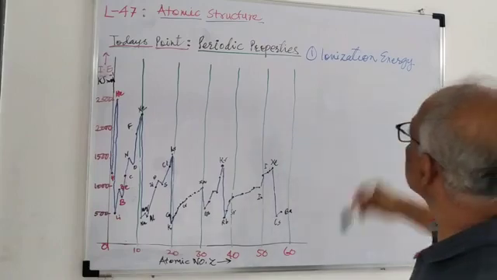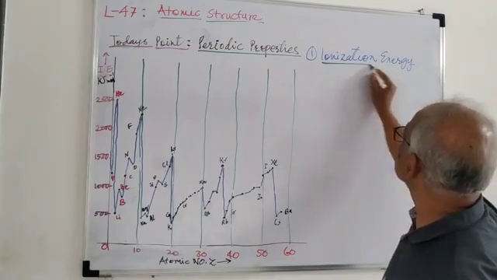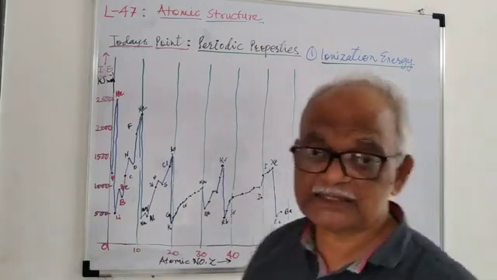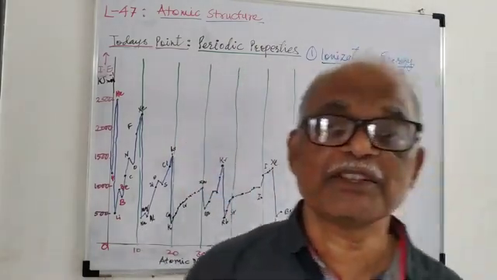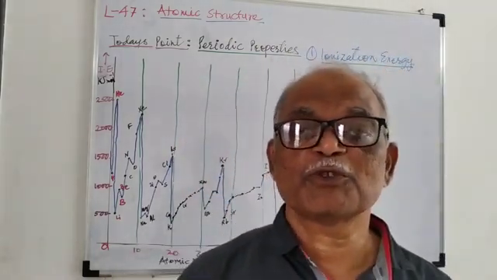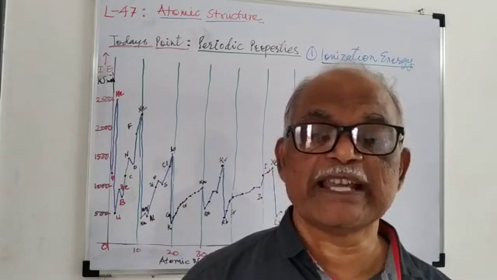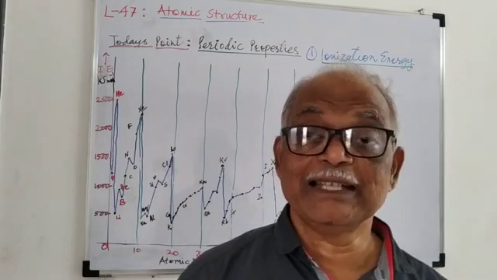that is ionization energy. We have shown that ionization energy is nothing but the amount of energy required to remove the outermost electron of a neutral gaseous atom of an element.